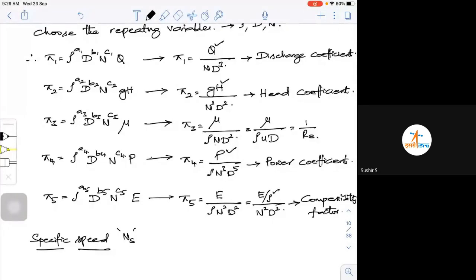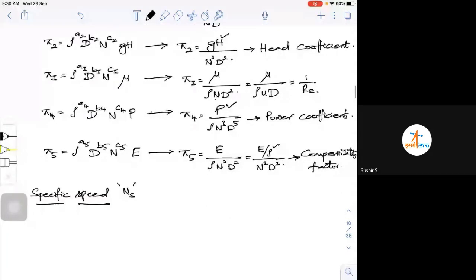If I have some quantity independent of the size of the machine, independent of D, we call it NS.